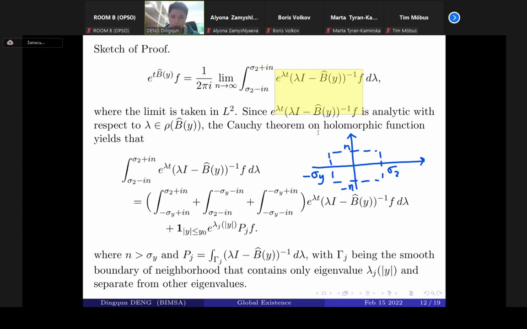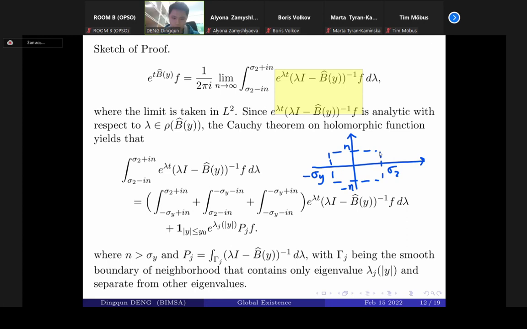We will use Cauchy's theorem in this graph. You may see we transform the integration along the line on the right-hand side to the outer part of this rectangle.